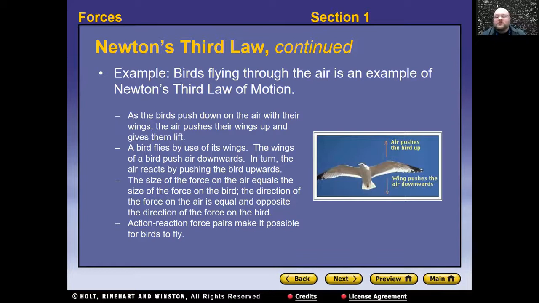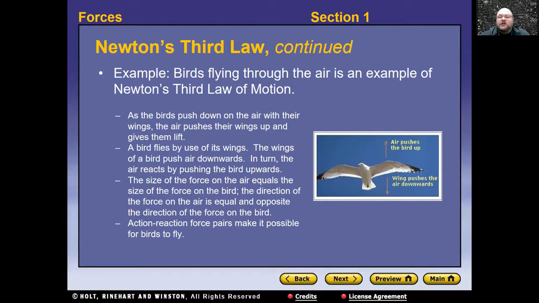So the size of the force on the air equals the size of the force on the bird, and the direction of the force on the air is equal and opposite the direction of the force on the bird. Again, this is an action-reaction force pair, and these action-reaction force pairs are what makes it possible for birds to fly. Okay? So that's basically Newton's three laws in a nutshell.